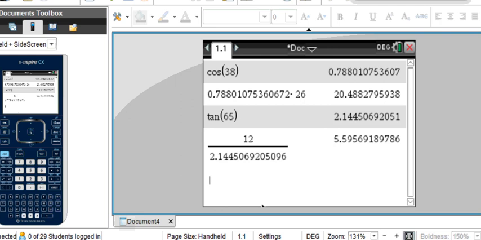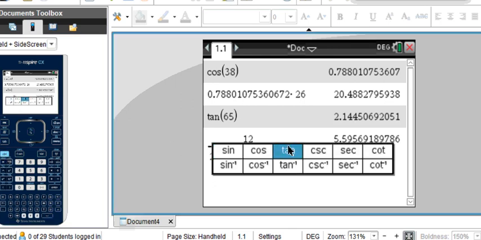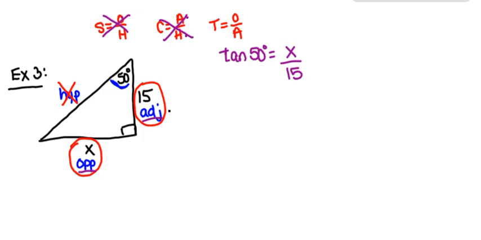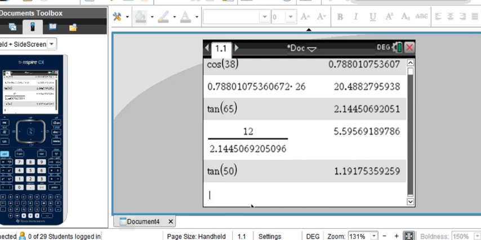So I'm going to go back to my calculator. I'm going to find tangent of 50 degrees. 1.1917. And again, I'm only going to put the first 4 decimals down on my paper. I'm going to put that over 1. So now x is going to be equal to 15 times the 1.1917 number.